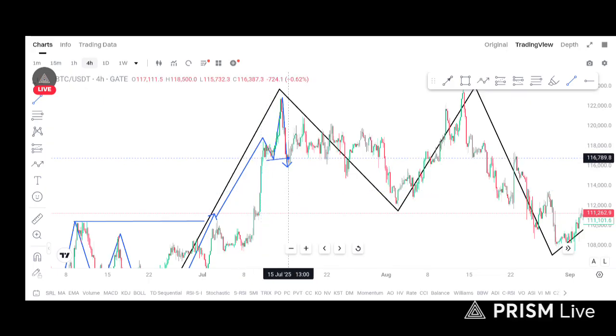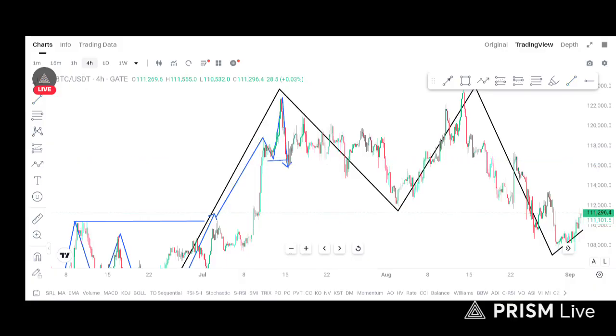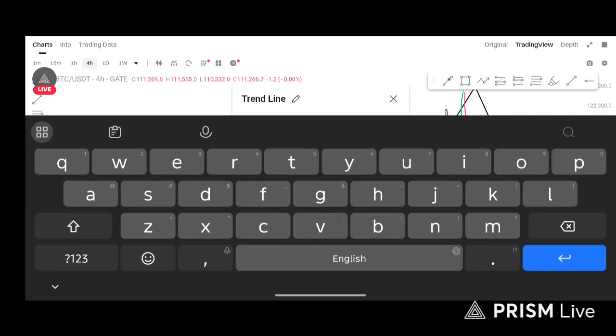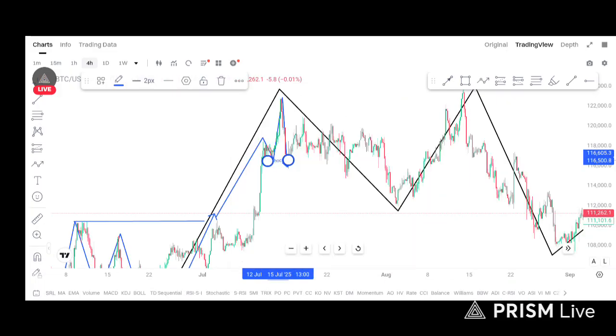Our change of character. Our change of character. Then this first side, what are we going to mark it out as? Change of character. Very simple.